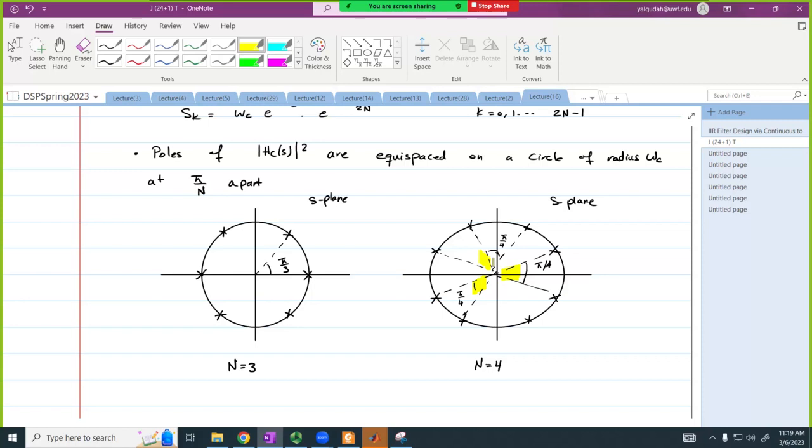So it's not stable? It is stable, because we're plotting not the poles of Hc(s), we're plotting Hc(s) squared. Does that make sense? Keep that in mind. These are not the poles of Hc(s), but rather the poles of |Hc(s)|². And therefore, these poles and these poles represent the poles of Hc(s), the causal part.